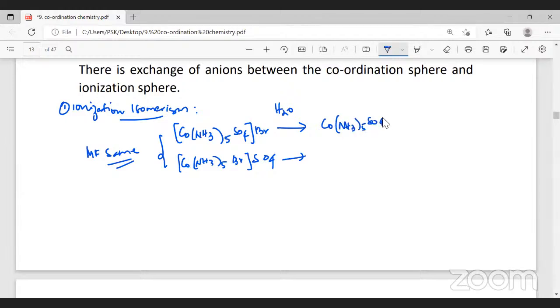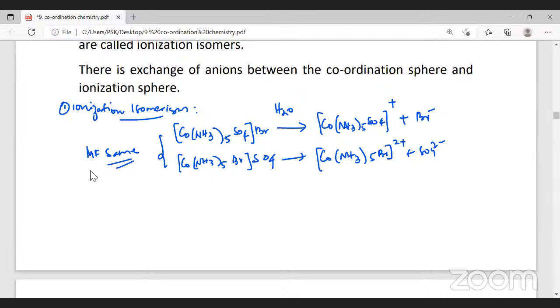This will dissociate in water to give this complex plus, [Co(NH3)5SO4]+, and Br minus. And this one you will get [Co(NH3)5Br]2+, and we'll get SO4 2 minus. So ions are different. So what is ionization isomerism?